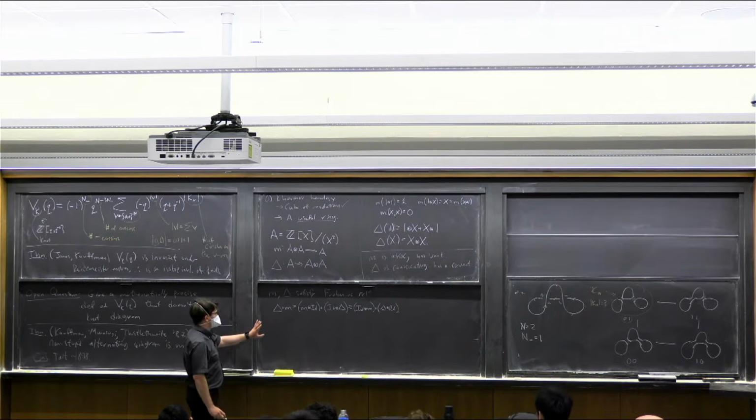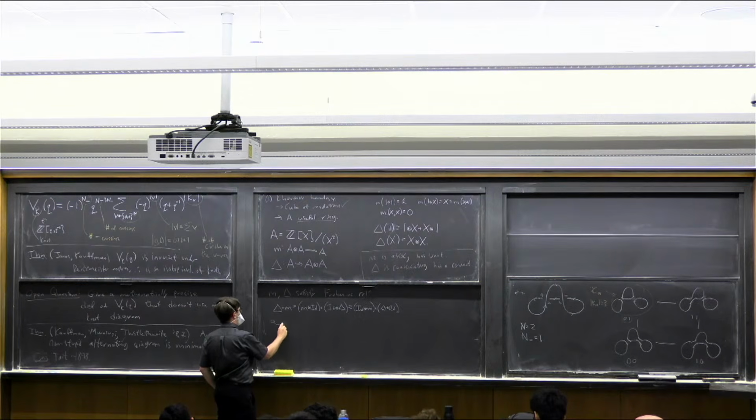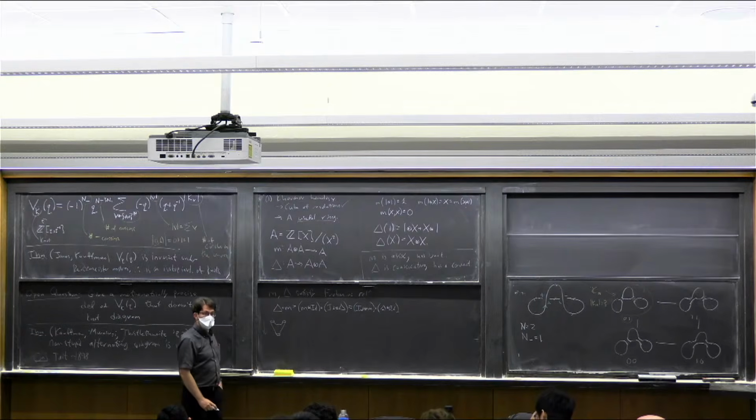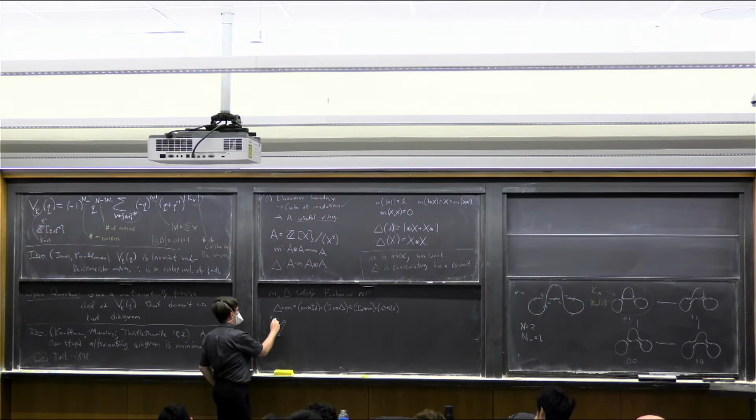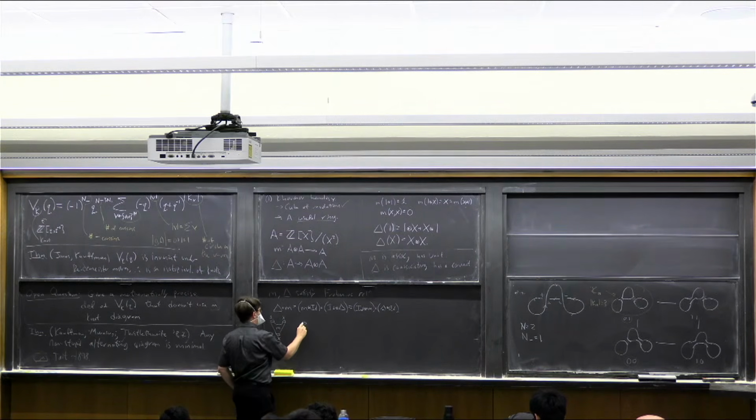OK, what on earth? I'm going to read from top to bottom, and think of M as something which has 2 inputs and gives 1 output. So if I feed in, for example, 1 and x, I get out x. This is M. And delta I think of as having 1 input and 2 outputs. For example, I feed in x, you get out x tensor x.